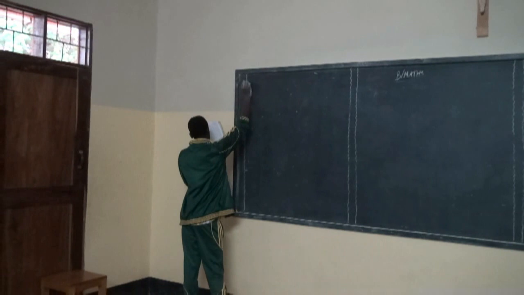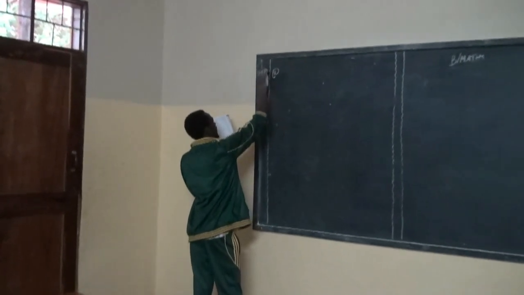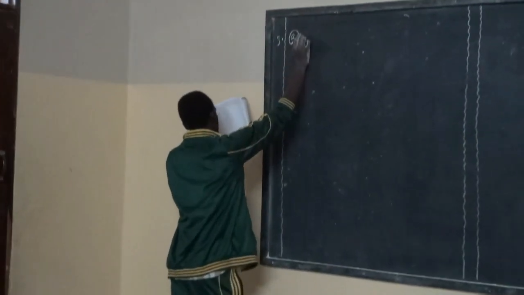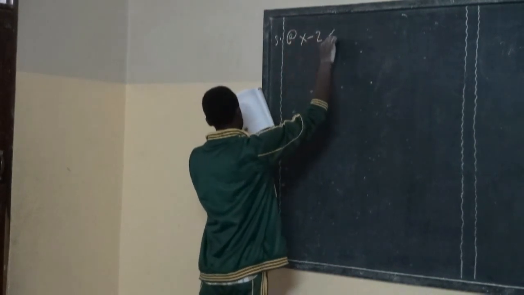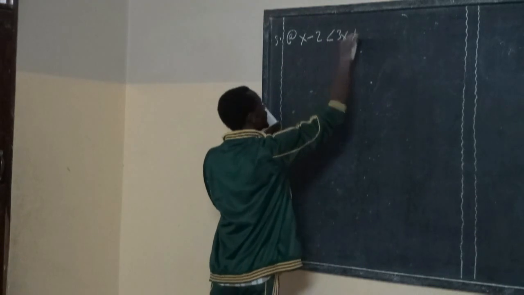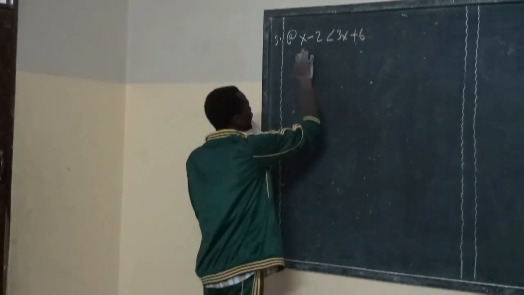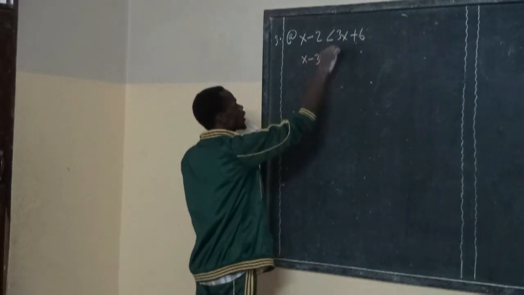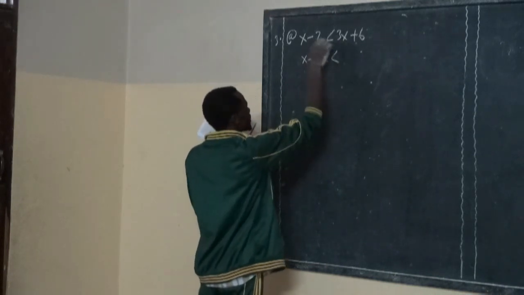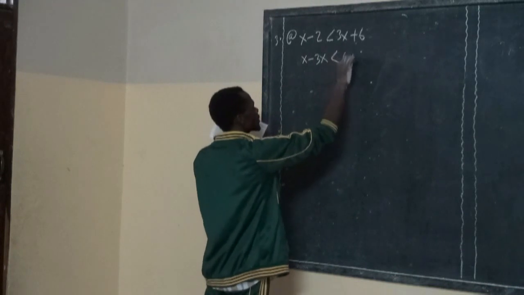Now question number 3a. It was x minus 2 less than 3x plus 6. We have x, negative 3x, this was positive. Now negative 2x is less than 6 plus 2.